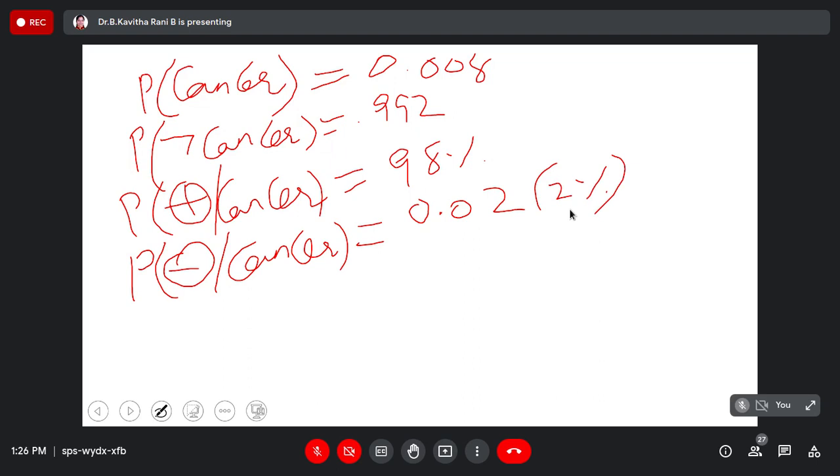Now, what is the probability of the patient being diagnosed as negative when he is not having cancer? That also we have to calculate.